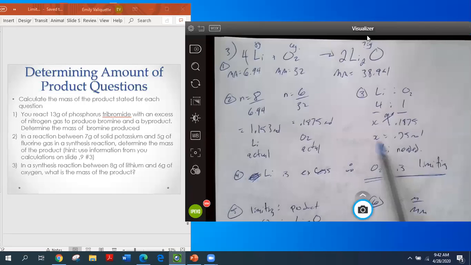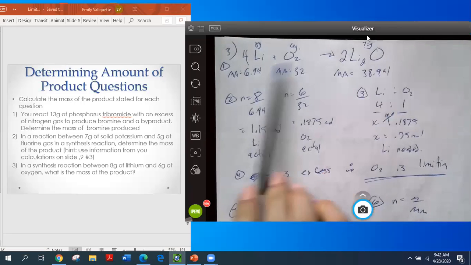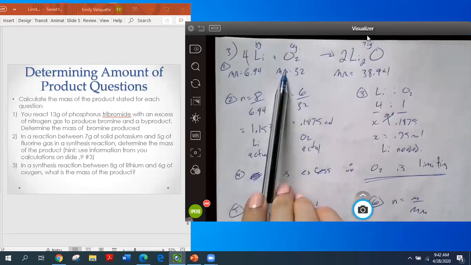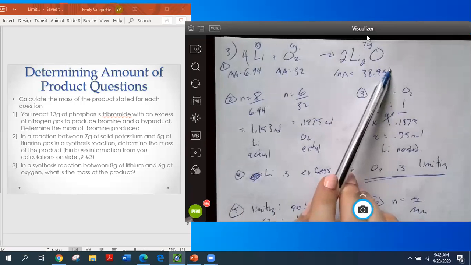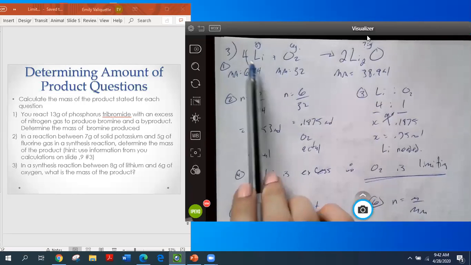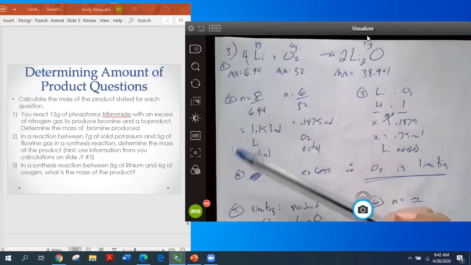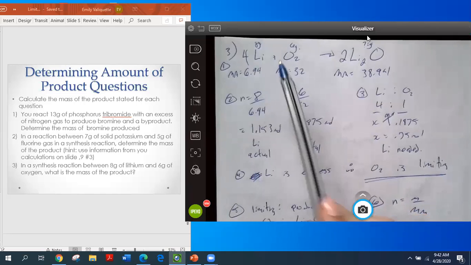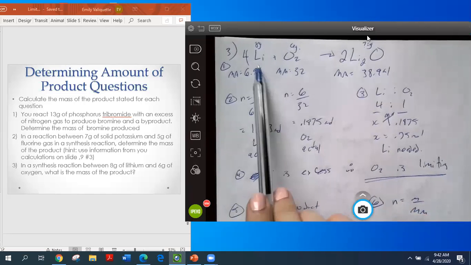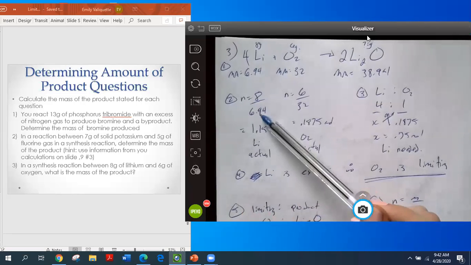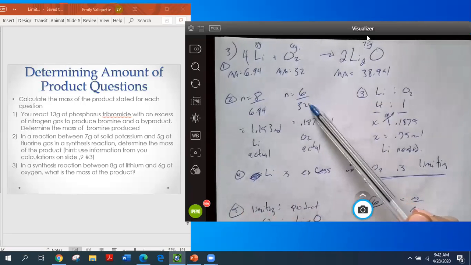Then of course we balance it, and we figure out the molar mass of both of our reagents and our product. This time we weren't told which of our reagents is limiting. So that's what the first part of this question is going to be, figuring out which of our reagents is limiting. So I start by doing moles equals mass over molar mass for both of my reagents.